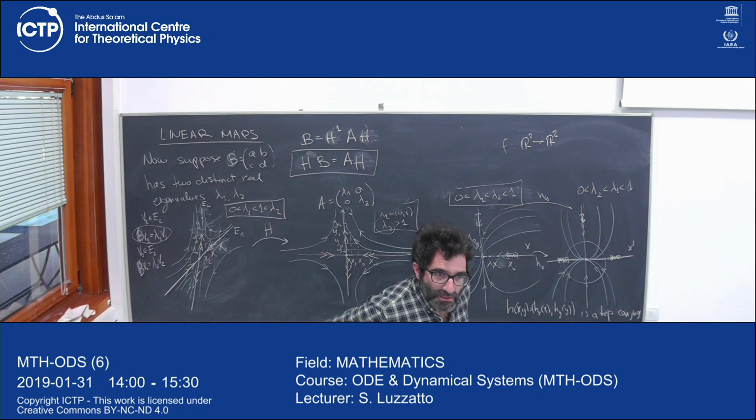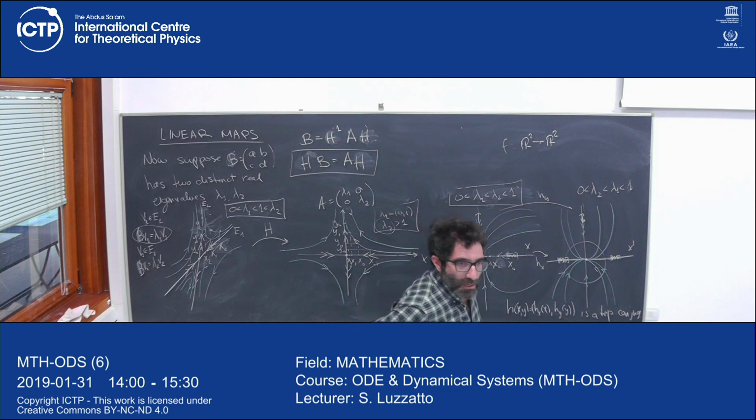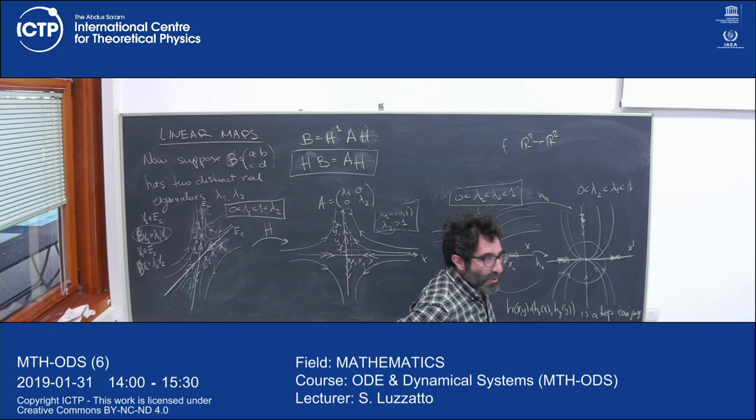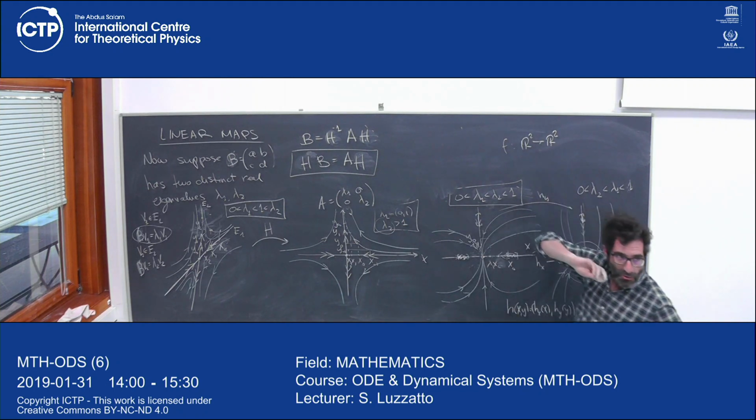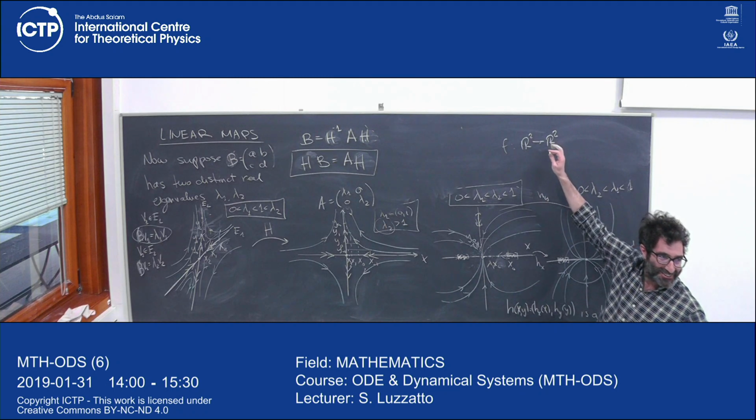Oh, you don't know this. But you know what it means for a one-dimensional map to be differentiable. Vector valued is okay, but not from R2. From R2 to R2 just means that the partial derivatives exist, so you need to revise your calculus a little bit.